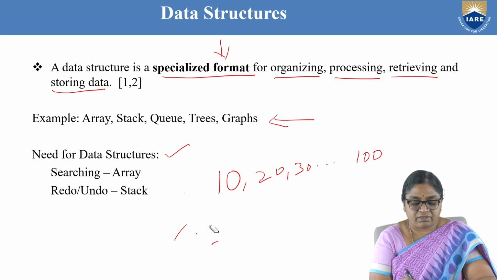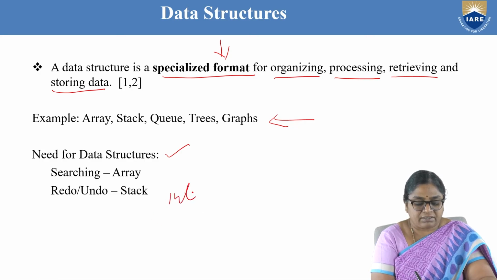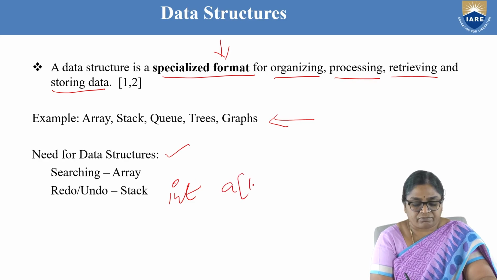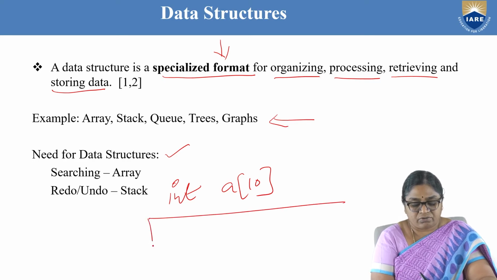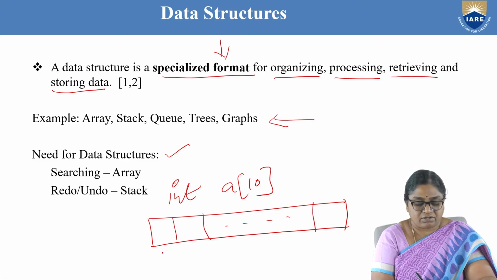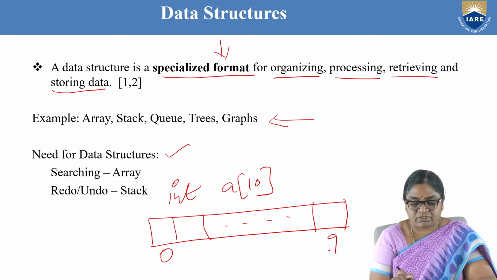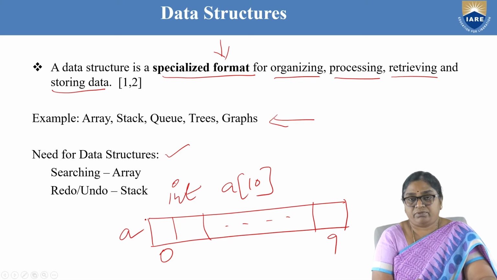So instead of creating variables independently, I can make use of arrays, like int a of 10. In this one, I can store 10 values of type integer, whose index starts from 0 till 9, and the name of this array is A. Whenever I want to access a particular element, straight away I can use that index.